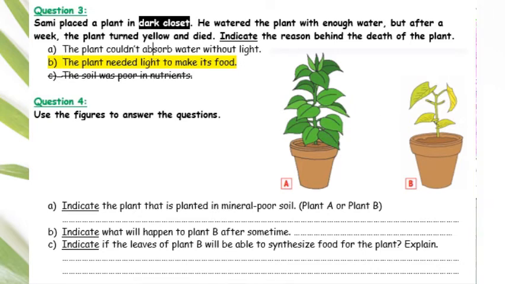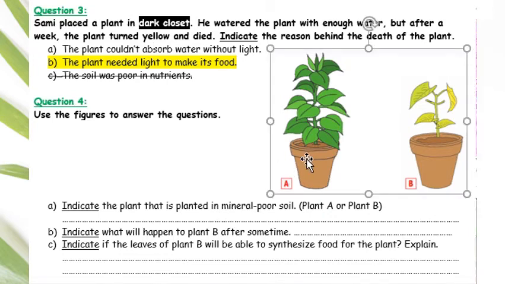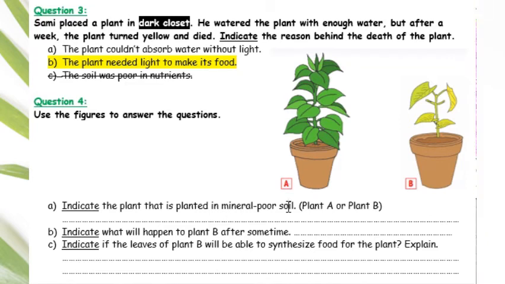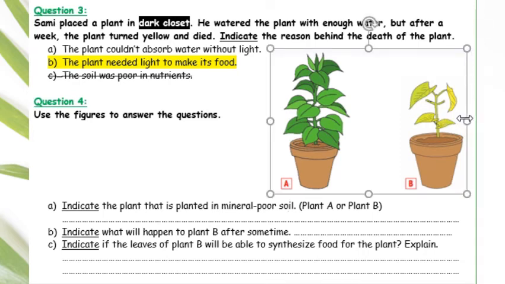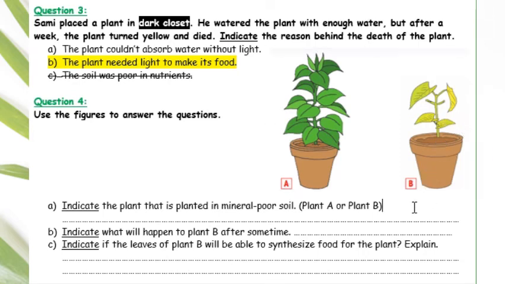Question number 4. We have two different plants, plant A and plant B. Plant A is a beautiful plant that is growing in a healthy way. Plant B is growing slowly. It's shorter than plant A and it looks yellow. Indicate the plant that is planted in mineral poor soil.